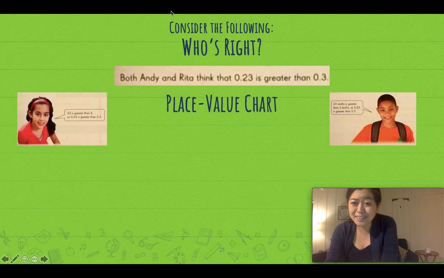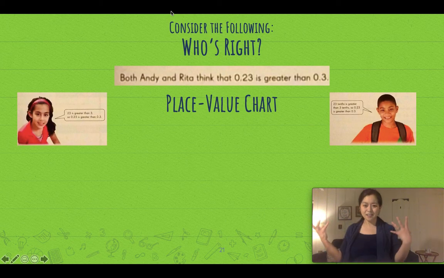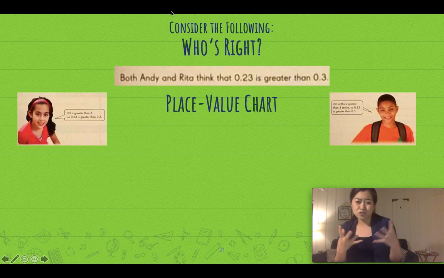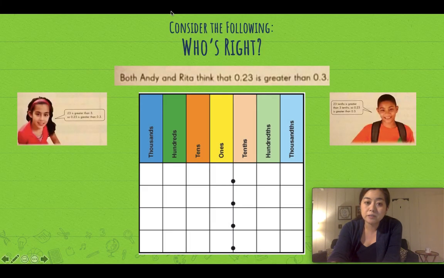All right, did you think hard about it? Well, I think to help us to understand what is true, what is right, it'll help us to draw a place value chart. Okay, so let's draw one. And then I'm going to put the two numbers 0.23 and 0.3 in the place value chart.